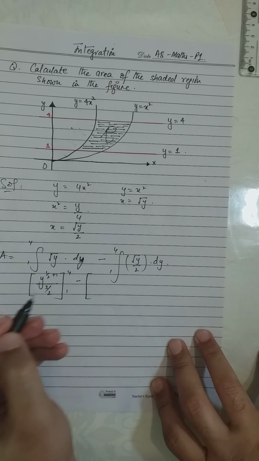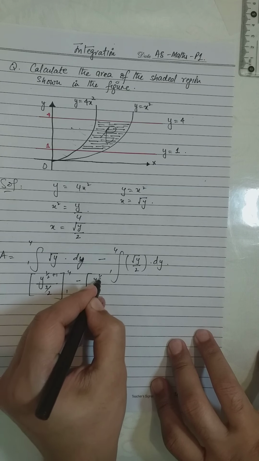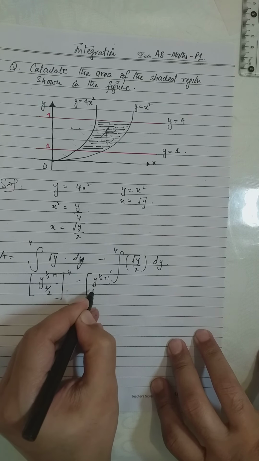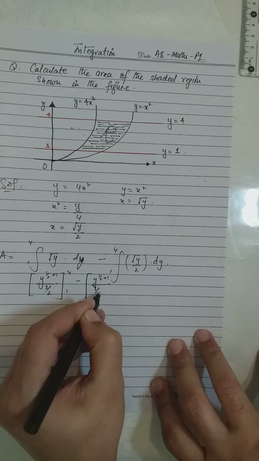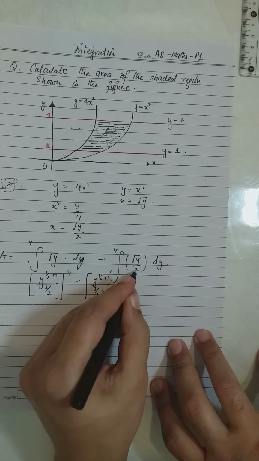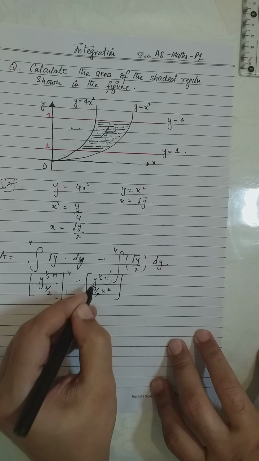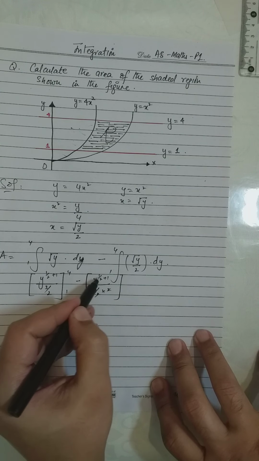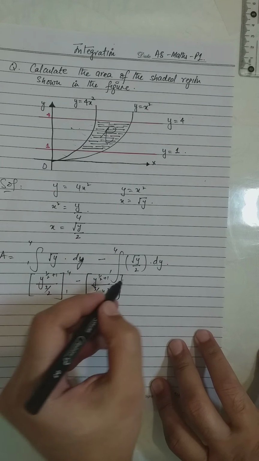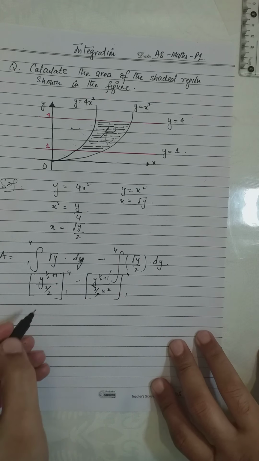So I'll have y to the power half plus 1, which is going to give me 3 over 2, but this time I already have a 2 in the denominator, so 2 and 2 will cancel out, and I'll be just left with y to the power 3 over 2 over 3 with the limits 4 and 1.